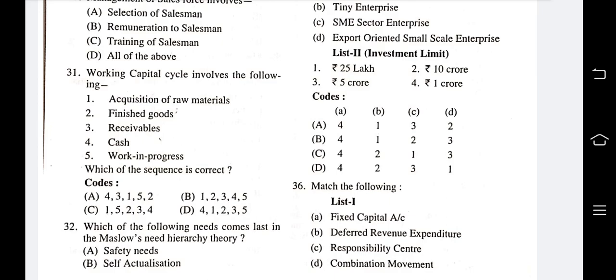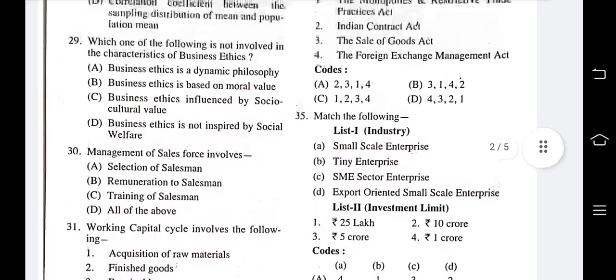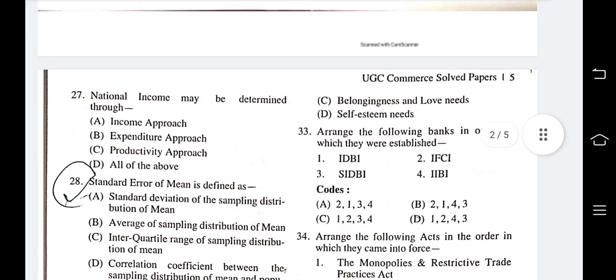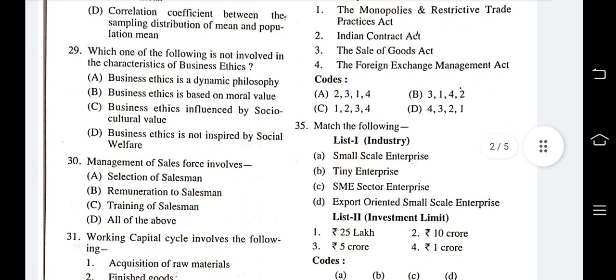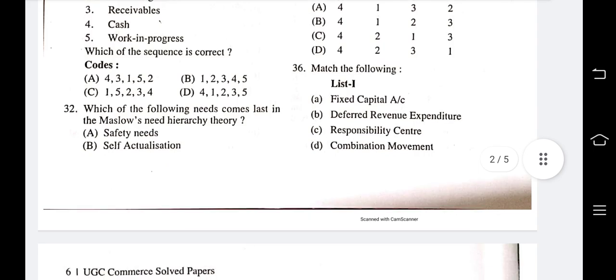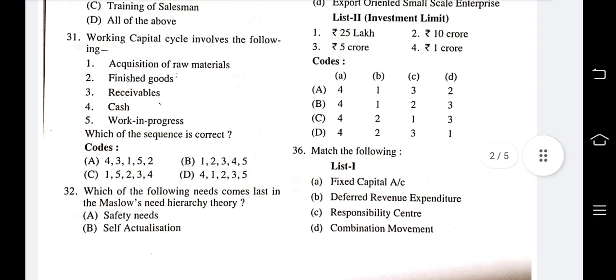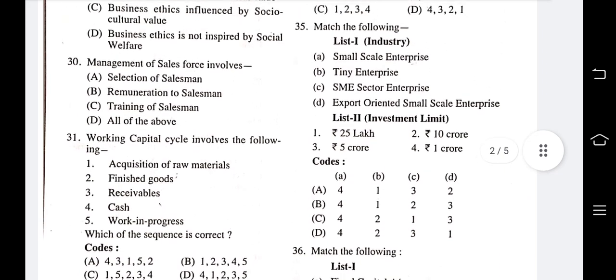Fourth is esteem needs. And the last is self actualization. Your options are belonging and love needs, self esteem needs, safety needs. So the answer should be B, self actualization. This is the last one.